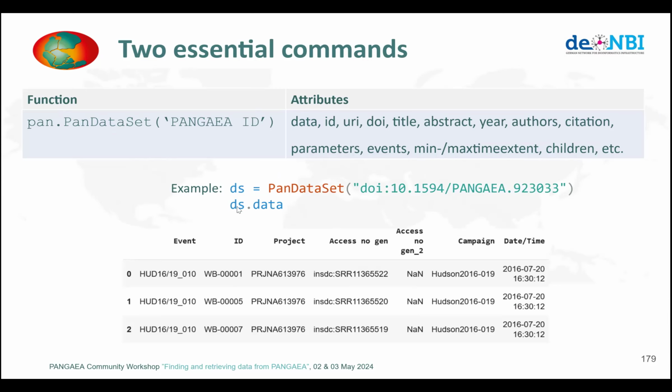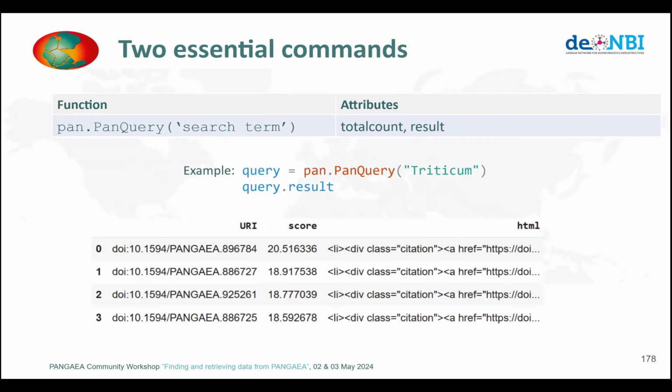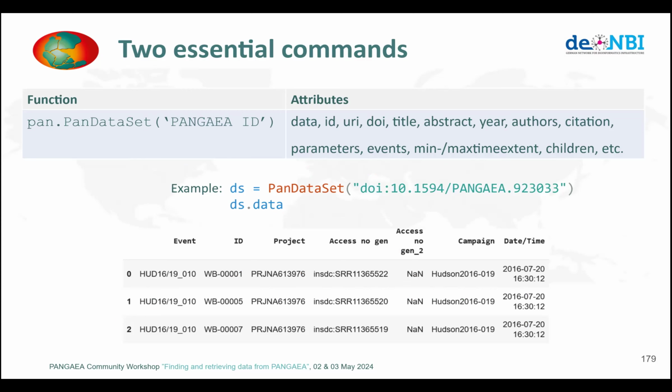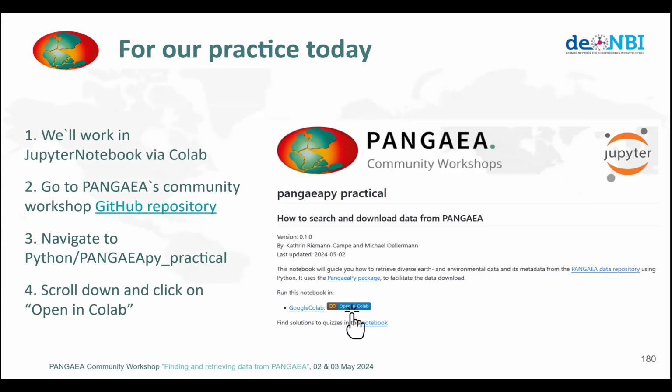For example, by typing PanDataset with the DOI as an attribute, you get the data set, and then by typing ds.data, you will get the data frame with the actual content of the data table in the data set. So these are the two essential commands, PanQuery and PanDataset, that we'll be working with.